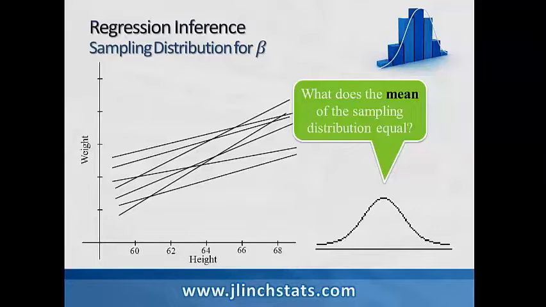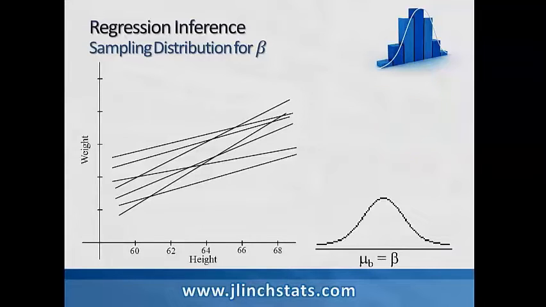And the collection of all possible b's from all possible least squares regression lines made from a particular sample size would create a normal distribution, and the mean of that particular distribution would be equal to the population parameter beta. So the mean of all slopes of the least squares regression line for samples of a particular size is equal to the actual true parameter value beta for the least squares regression line based off all bivariate data from the entire population.